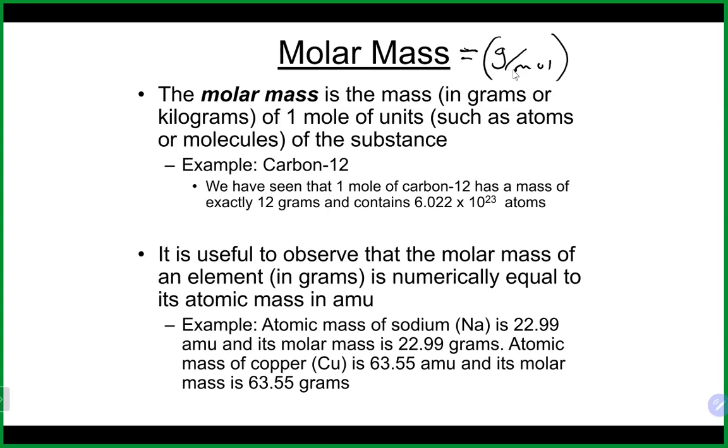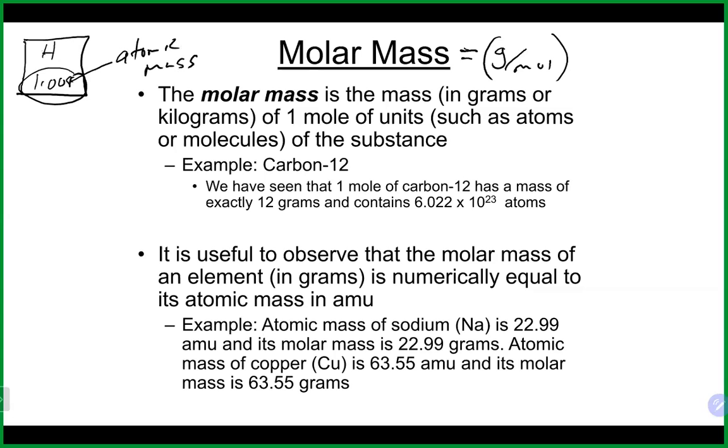So where do we get the molar mass? We get the molar mass from the same place that we get the atomic mass, and that is the periodic table. So when we look at, say, hydrogen, for example, we see 1.008 there on the bottom. If you remember, that is the atomic mass, which we talked about how to calculate, right?